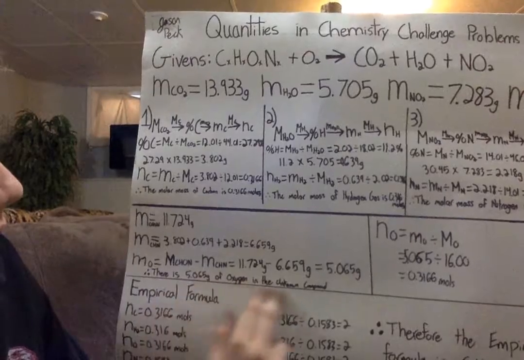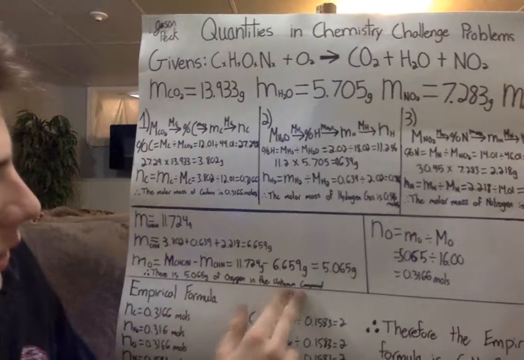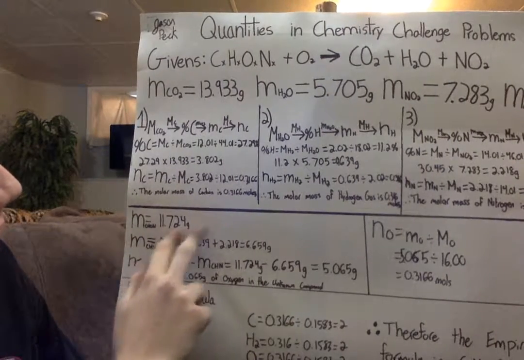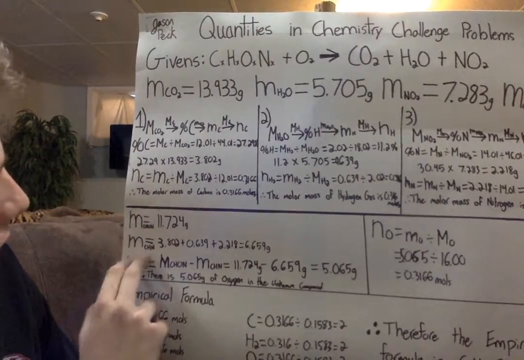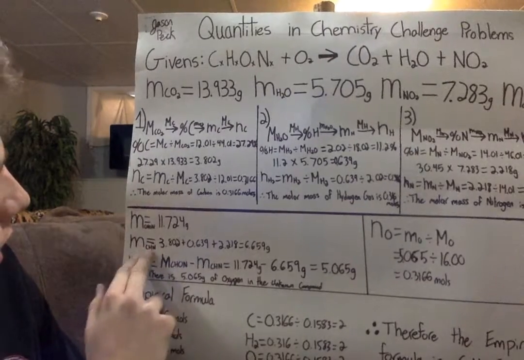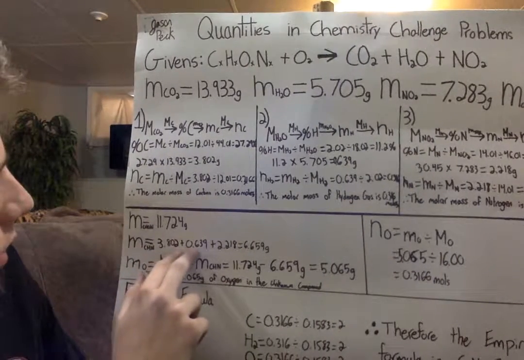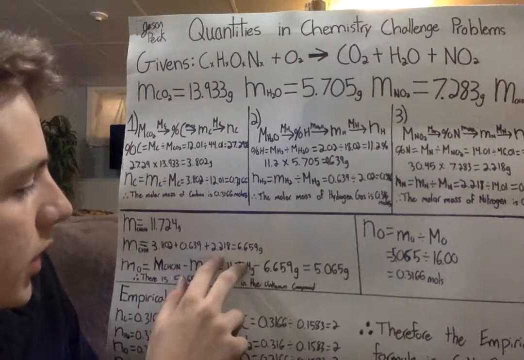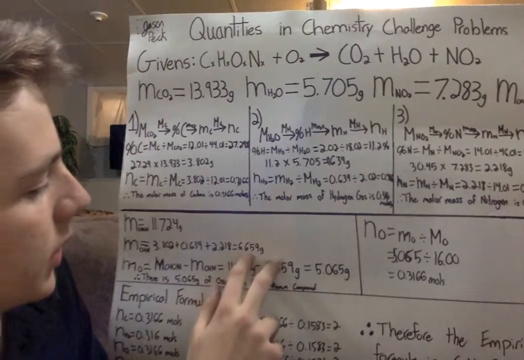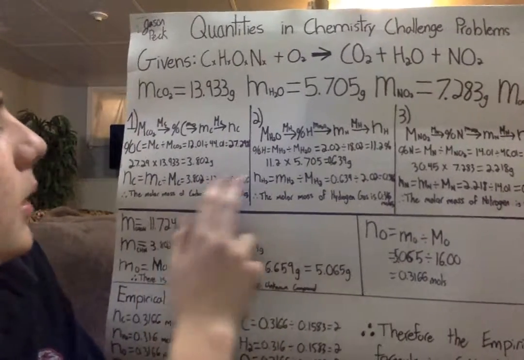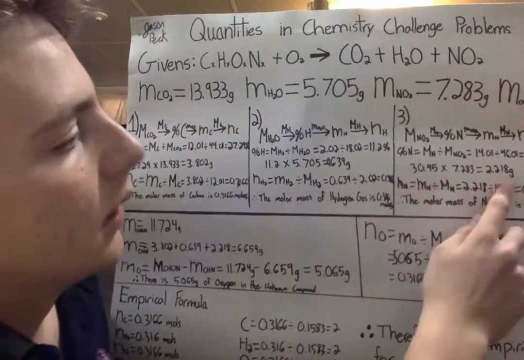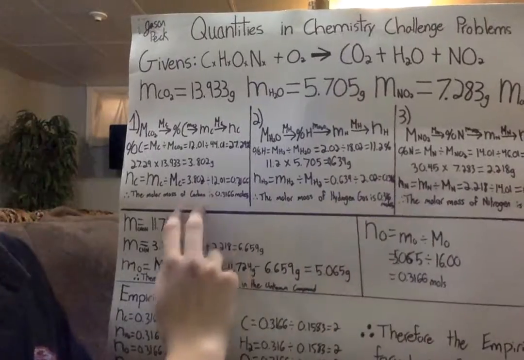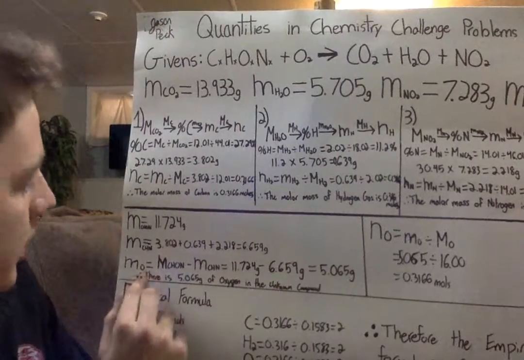And to find the mass of oxygen in the unknown compound, we will take the mass of the compound, which is 11.724 grams, minus the mass of the compound not including oxygen, which will be 3.802 grams plus 0.639 plus 2.218, which is equal to 6.659 grams, and all of those numbers are from their individual solutions when we were first solving the units.